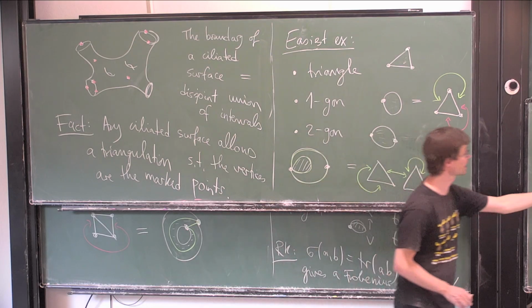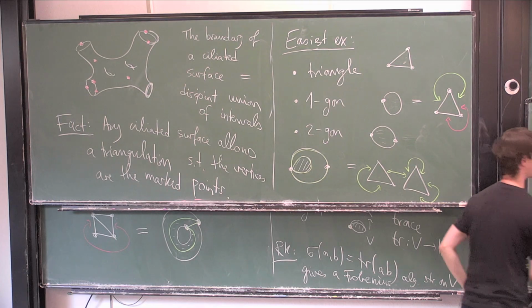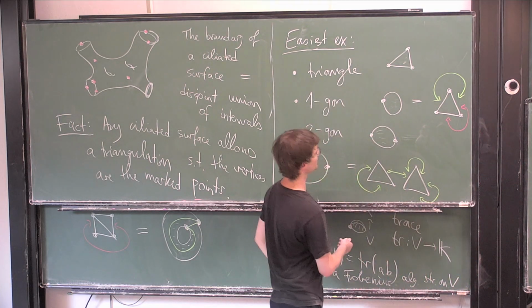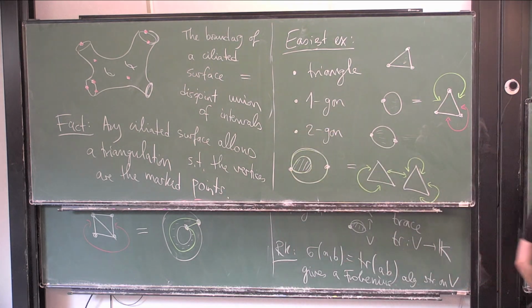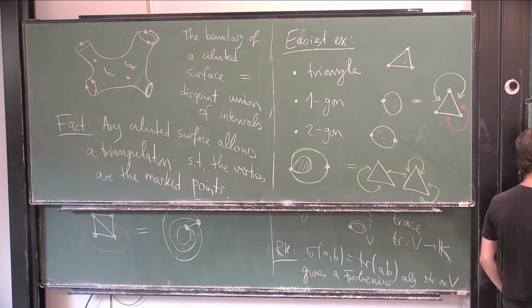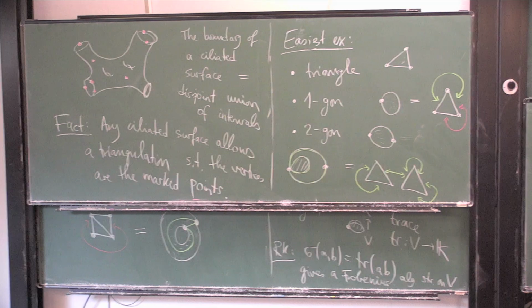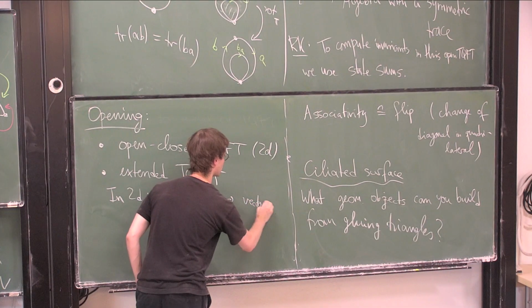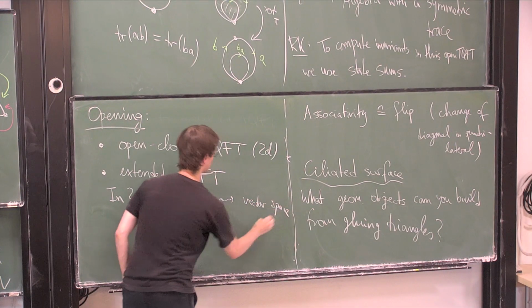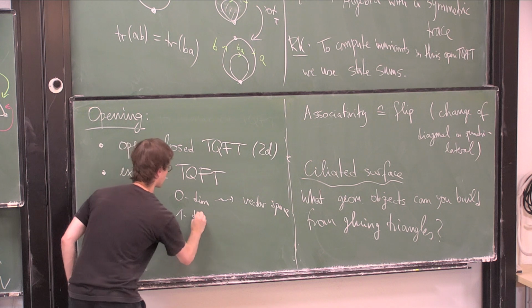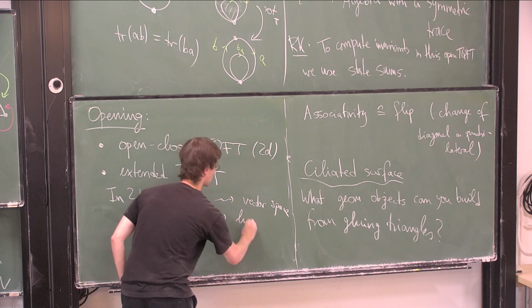What an extended TQFT does is that, for example in 2D, to points, to 0-dimensional manifolds, it will associate a vector space. Then to 1-dimensional things, it will associate linear maps.